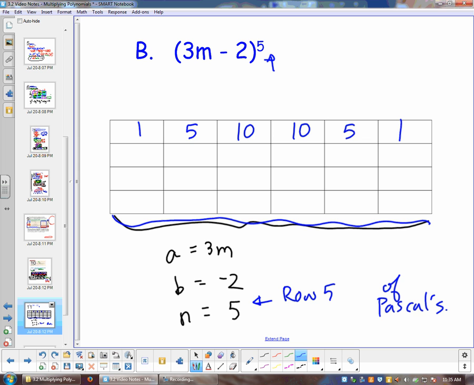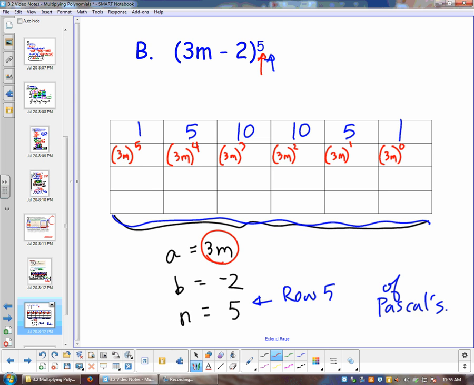Now we go to the second row where we take our a value, which in this case is 3m, and we're going to raise it to this power right here. So 3m gets raised to the 5th. Then we're going to keep going down from there. So 3m to the 4th, 3m cubed, 3m quantity squared, 3m to the 1st, and 3m quantity to the 0.